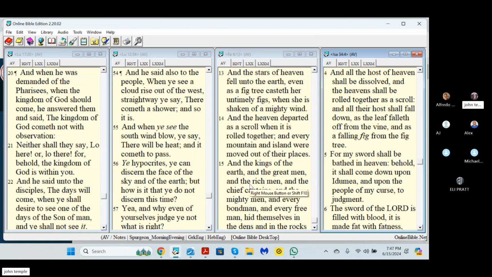And all the hosts of heaven shall be dissolved, and the heavens shall be rolled together as a scroll, and all their hosts shall fall down, as the leaf falleth from off the vine, and as a falling fig from the fig tree. It's like he read Isaiah 34:4 when he was writing Revelation 6:13. I wonder if the words are the same here. They probably are, yeah, if you go to the Septuagint.